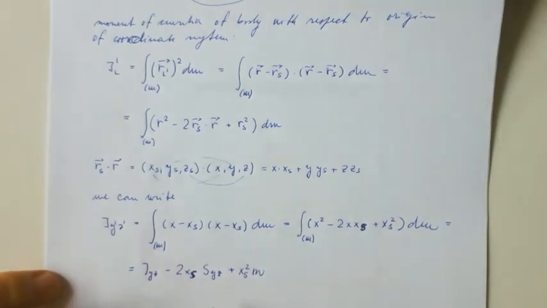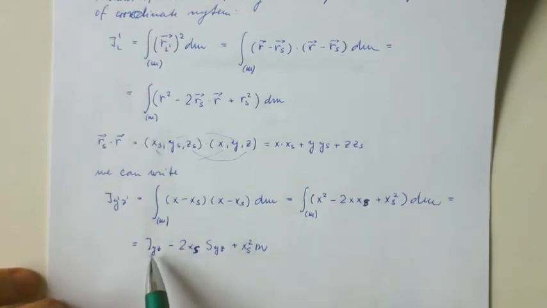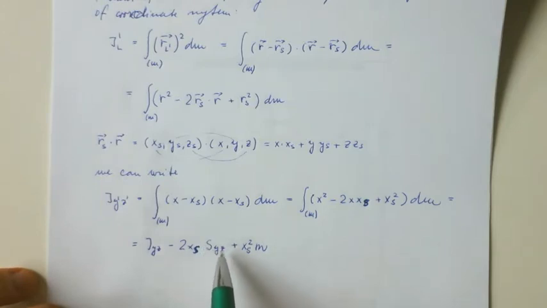So this is the final result of this integration. We know Jyz already, and the static mass moment and the mass are known values.